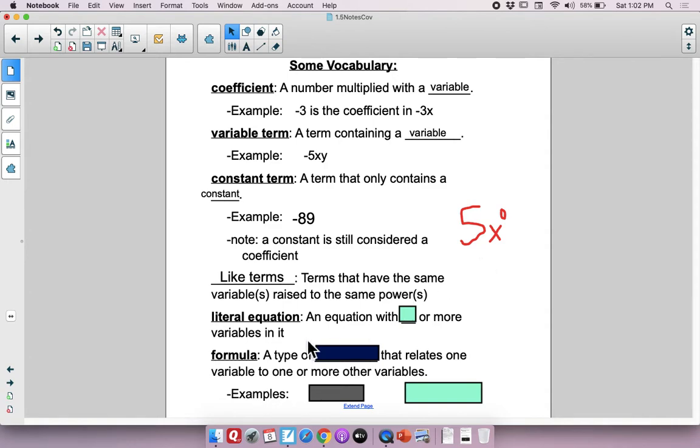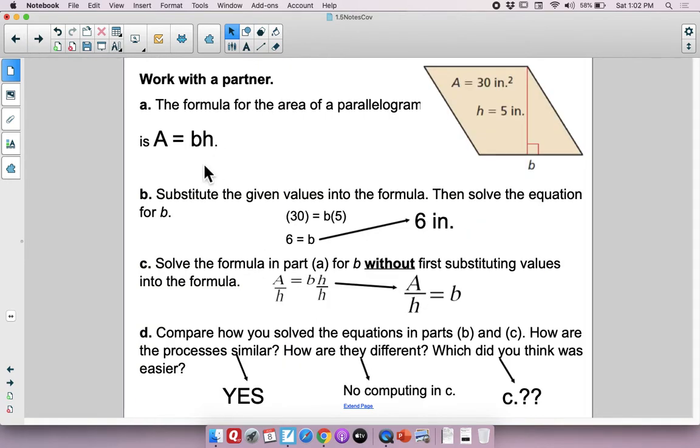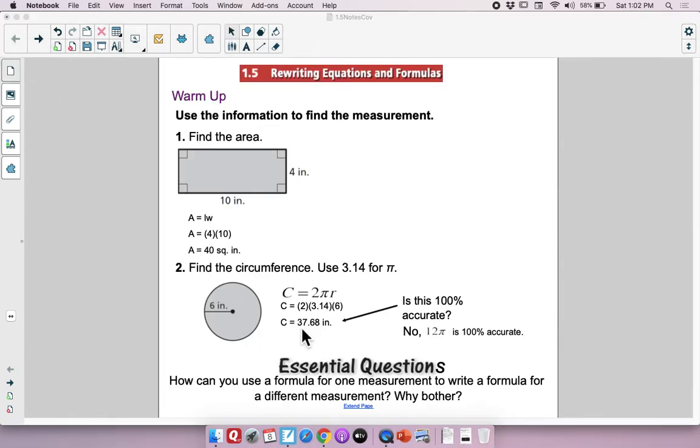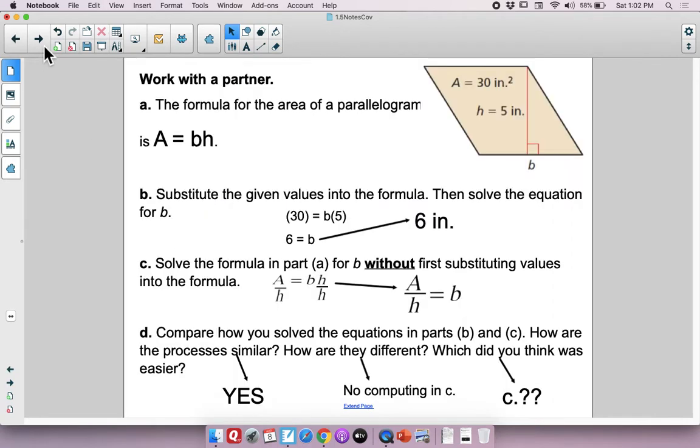Okay, a literal equation is an equation with 2 or more variables in it. So like these formulas here, the area of a parallelogram, the formula for the circumference of a circle, more than one variable in it. Even this one, area equals length times width, 3 variables.